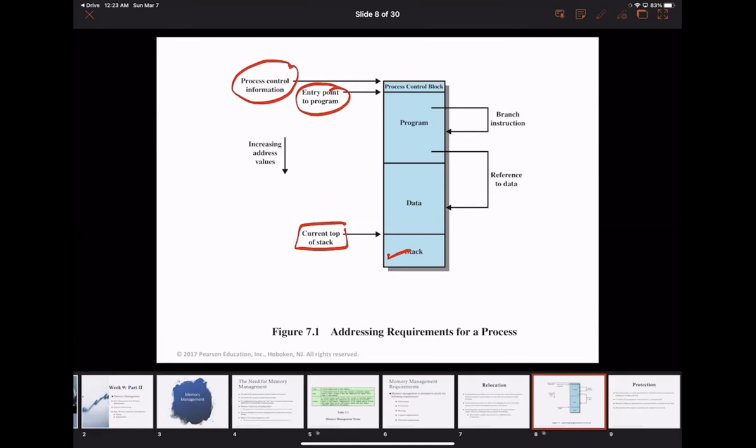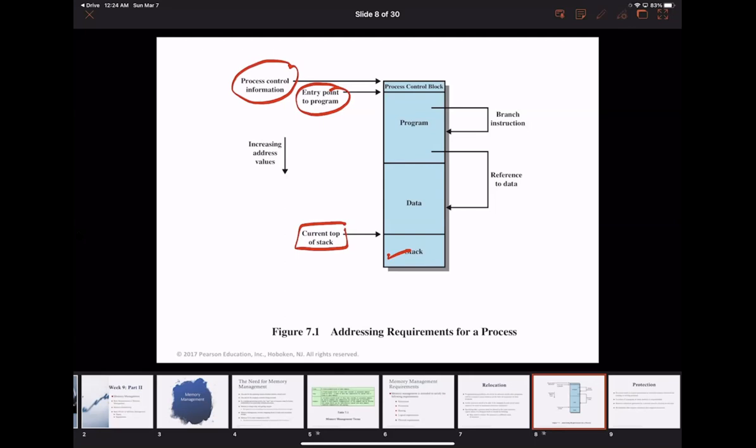Data reference instructions would contain the address of the byte or word of the data referenced. Somehow, the processor hardware and operating system software must be able to translate the memory references found in the code of the program into actual physical memory addresses.